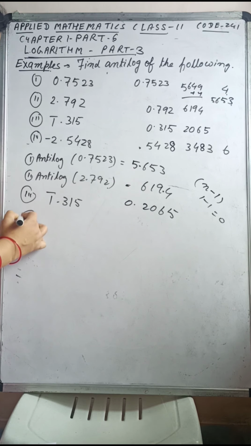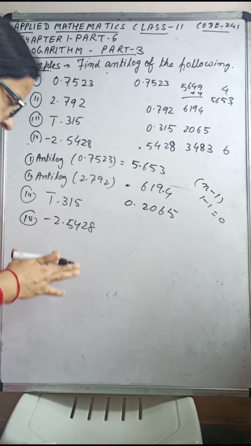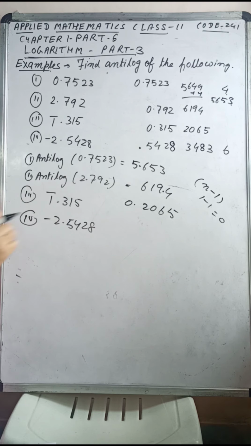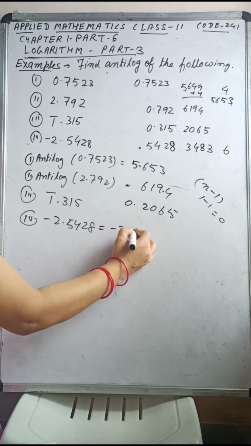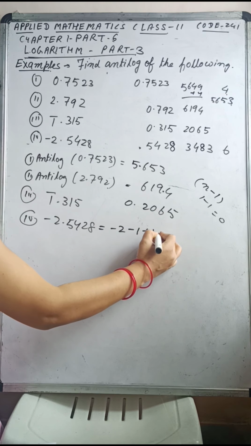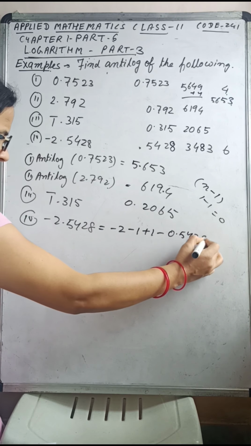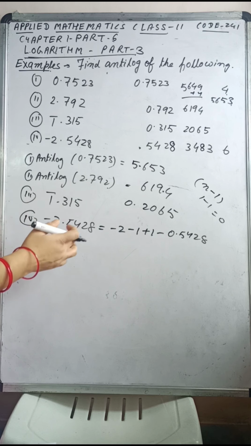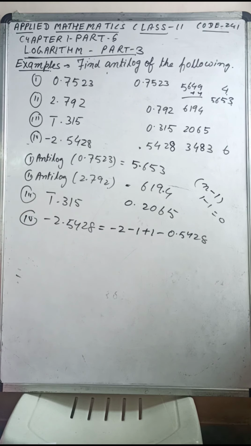Now number 4 is minus 2.5428. This is a whole number where the characteristic as well as the mantissa part is negative. I mean the integral as well as the decimal part is negative. So we have to make it positive. So this number we can write as minus 2 minus 1 plus 1 and minus 0.5428. This number is minus 2 plus minus 0.5428. So the same thing is written but minus 1 plus 1 has been done.